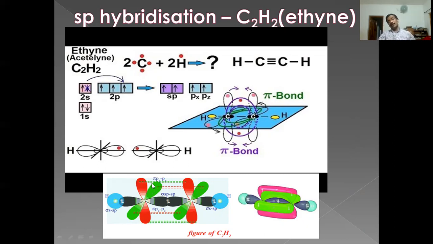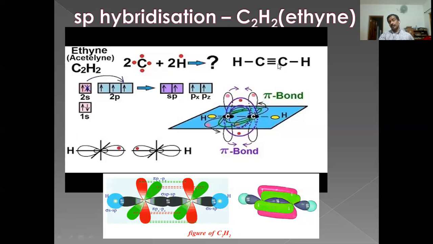This green contains one unpaired electron, and this red also contains one unpaired electron. Similarly, this green contains one unpaired electron, and this red also contains one unpaired electron. These two green orbitals will overlap sideways to form a pi bond. Similarly, these red orbitals will overlap sideways to form another pi bond.